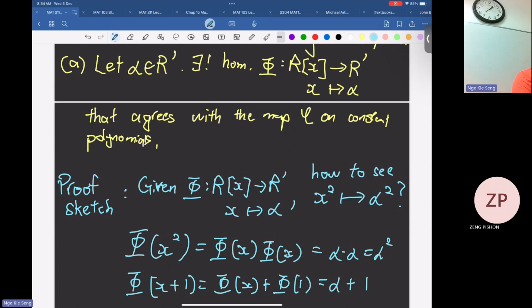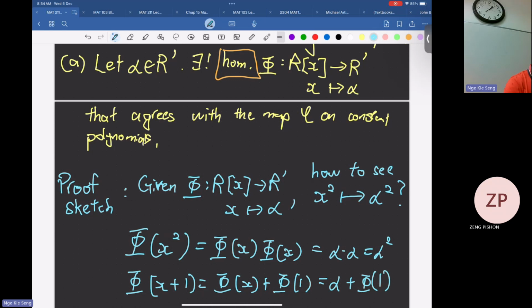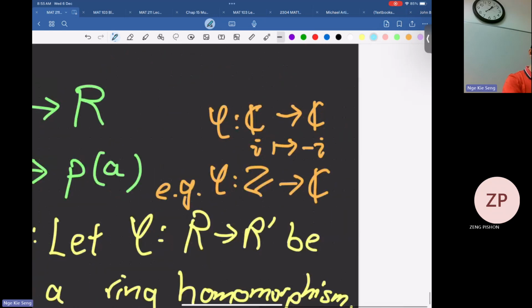This homomorphism is very important here. It will help you to extend the map. And what do you do to the constant polynomial? You just fix it, or I don't mean you fix it, it just depends on your φ. Because you see there are two kinds of φ here.